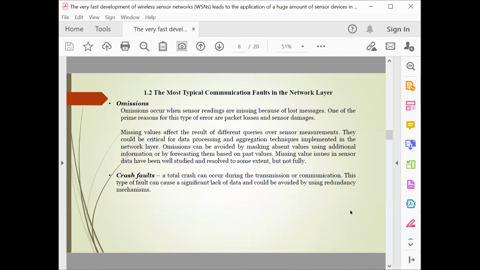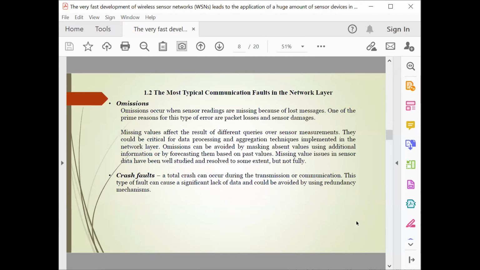On the network layer, the most typical communication faults concern omissions that would occur when sensor readings are missing because of lost message or crash faults.